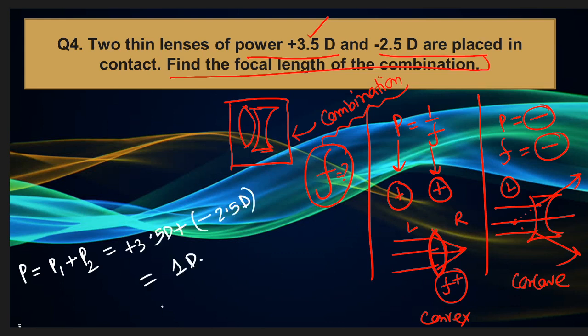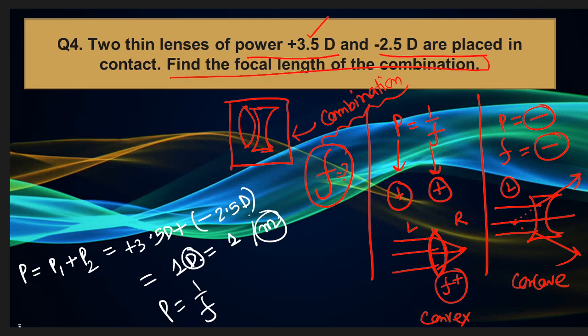Now power equals 1 by focal length. 1 diopter means 1 by meter. So simply f equals 1 by P, means 1 divided by power, which is 1 by meter. So simply it comes to 1 meter. So the focal length of the combination will be 1 meter. It is very easy. Next question, let's move.